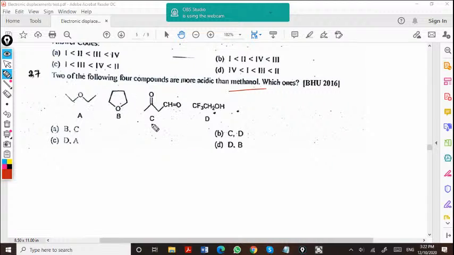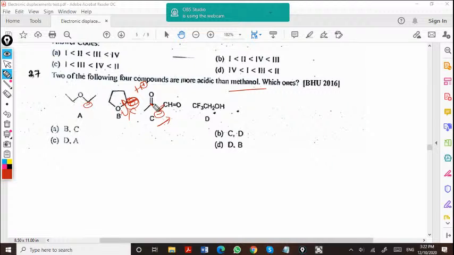Among these, I can see C as an active methylene, which has two withdrawing groups. This will be the most acidic. Otherwise, if it is a carbocation, it is going to be stabilized by the mesomeric effect with the lone pair. But if it is a carbanion, once H plus is removed, the lone pair will not affect anything. Of course, it may be stabilized by the inductive effect. This one is also stabilized by the inductive effect.